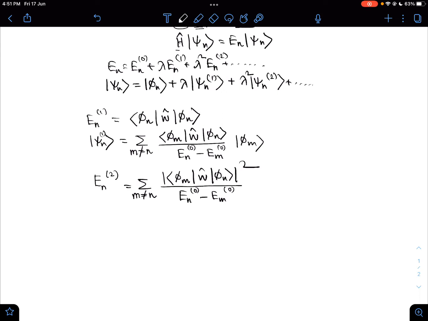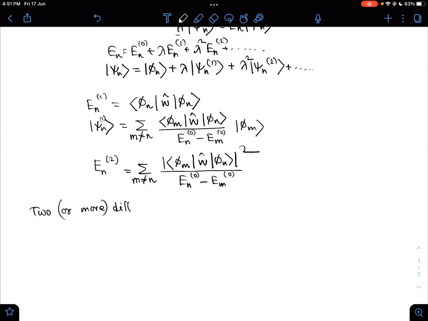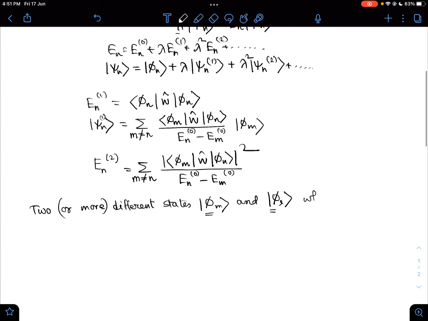We have at least two different states, let us assume them to be psi m and psi L, which share the same energy.